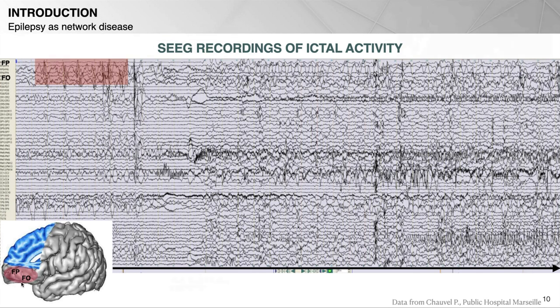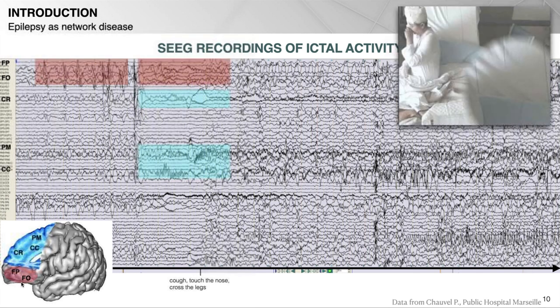Then you have an onset in the anterior cingulate cortex here, and also the premotor area, which means that the seizures spread and spread in the brain.